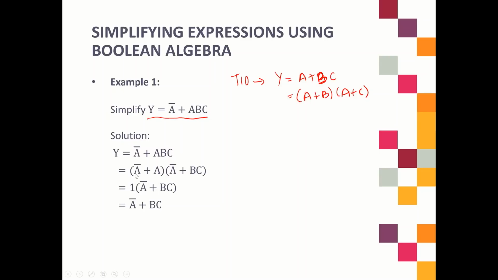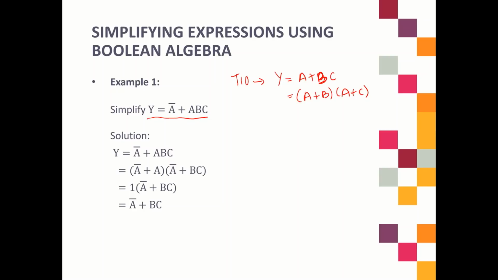For the solution, it used theorem 10 for the first step. Why do we start with theorem 10? Because if you look at the question, you have A bar and you have A. We want to extract these two variables. How can we extract these two variables? By applying theorem 10.